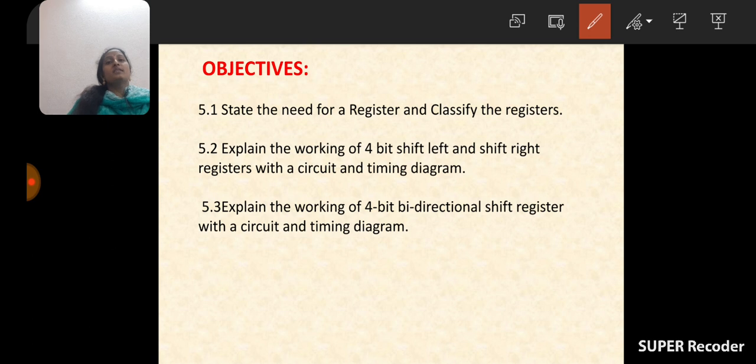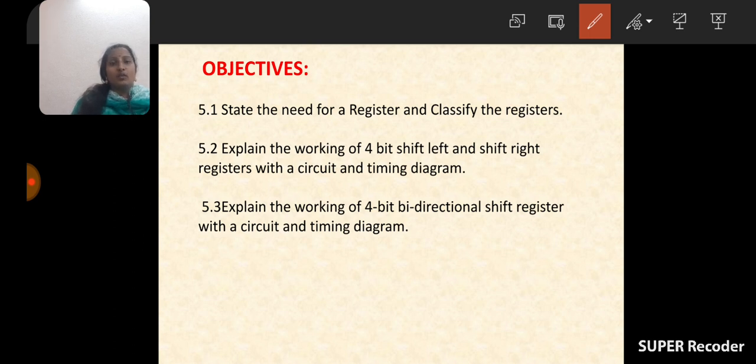Whatever it may be, in a sequential logic circuit, the present output always depends upon the present input as well as the previous output. Now we are going to discuss registers, what is the need of a register, and how many types of registers are there.